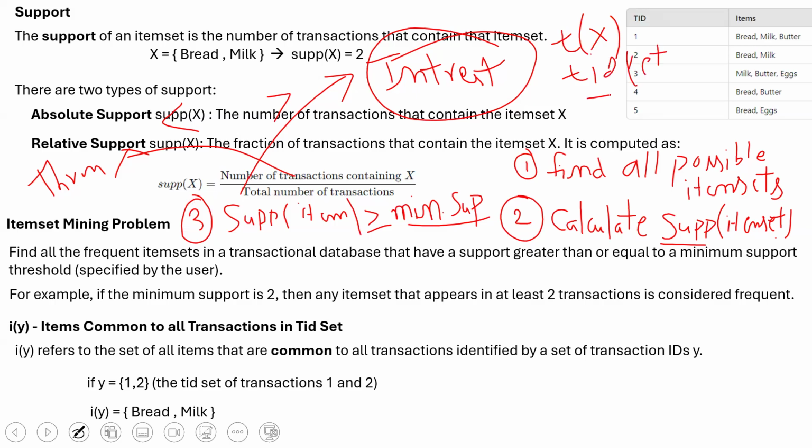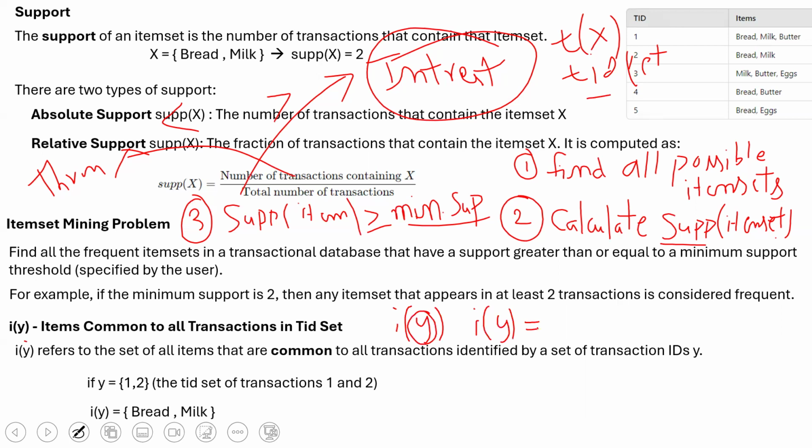Similarly, you have another representation called I of Y. Y is a transaction set. When a transaction set is given, I of Y is the intersection of the items in those transactions.